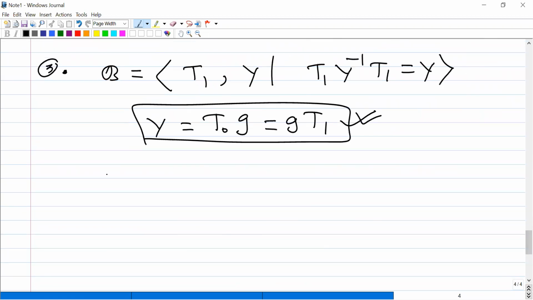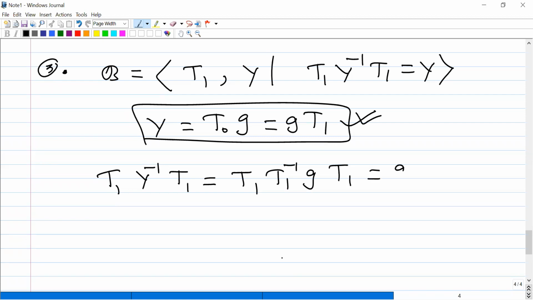If we take T1 Y inverse T1, what is Y inverse? Y inverse is T1 inverse G T1, which is equal to GT1. So that is again Y.